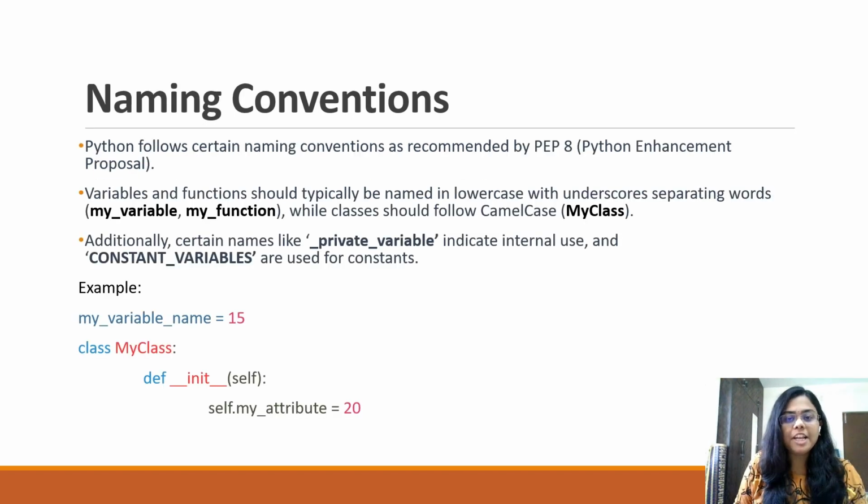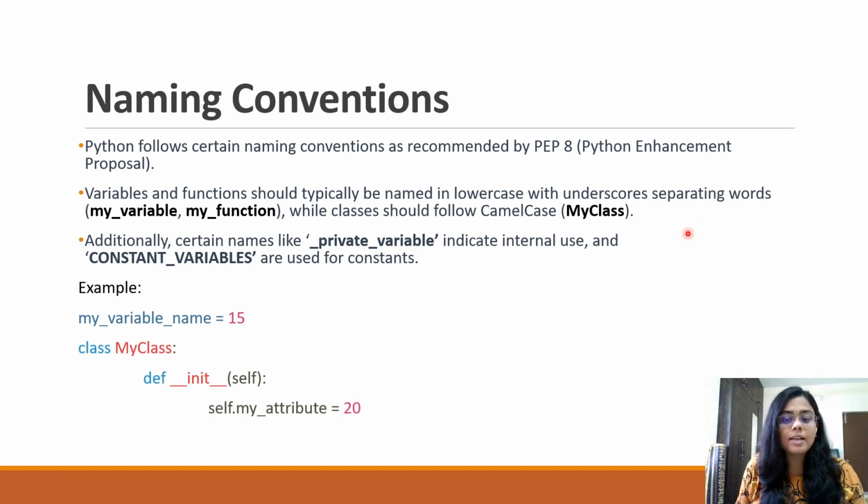Naming conventions. These are conventions recommended by PEP 8 that can be followed by the programmer to maintain legibility in the code. For example, variables and functions can be defined by separating the different words with an underscore, all in lowercase letters.